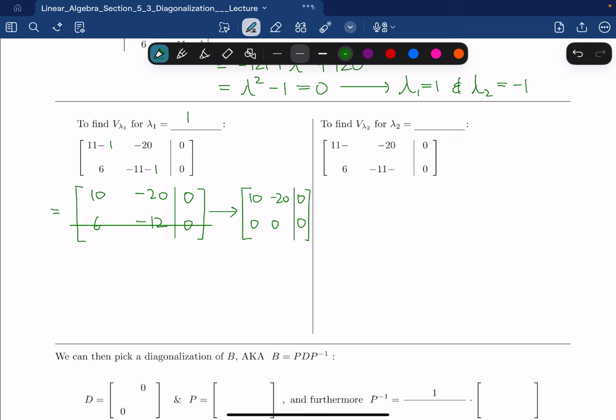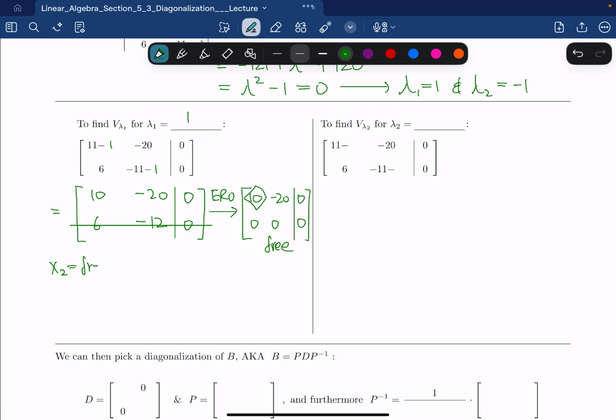Now, anyways, let's continue with our example here. After getting rid of this by some ERO, you can go ahead and just label EROs. We can see that 10 is going to be a pivot, therefore x2 is going to be free. I'll just write free here. From there, we can see that x2 is free, and x1 is, I guess, add 20 divided by 10, so 2x2.